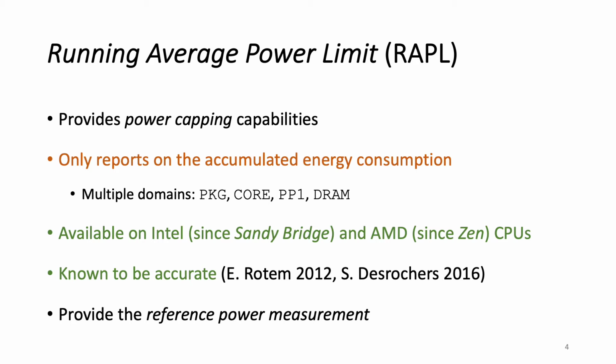There is a lot of work that bases its contribution on the power estimation provided by RAPL, and some other work that evaluates the accuracy of RAPL. So it's used to provide the reference power measurement for the CPU in SmartWatts.